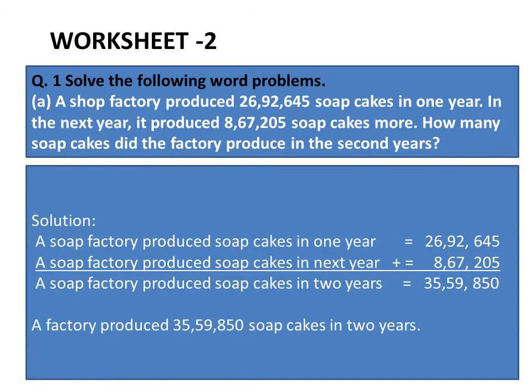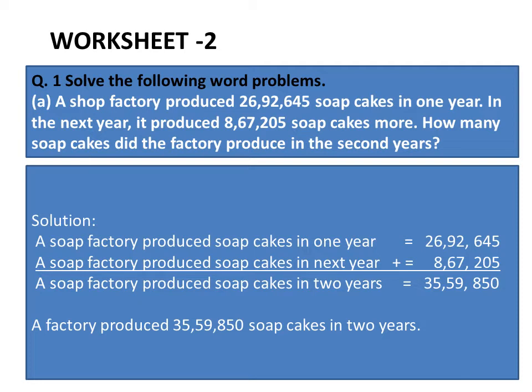Okay, the first statement. A soap factory produced soap cakes in 1 year is equal to 26,92,645. The second statement. A soap factory produced soap cakes in next year is equal to 8,67,205.